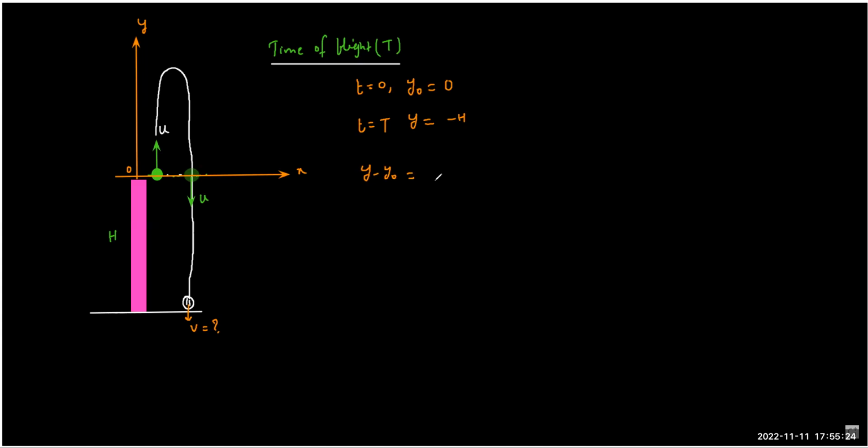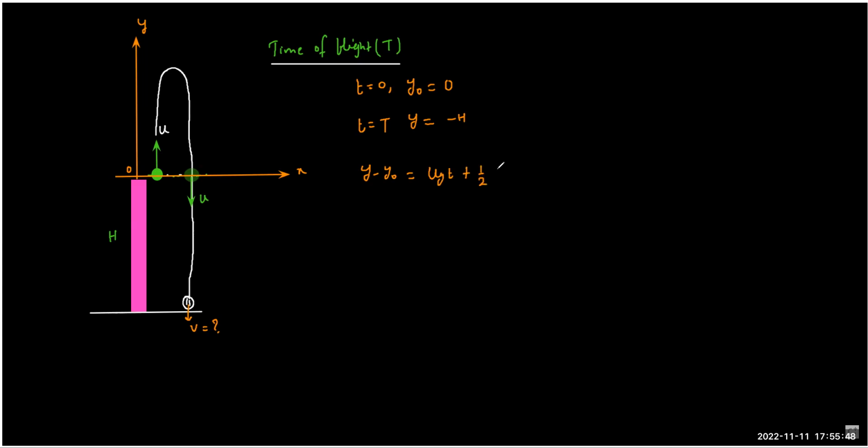I'm getting an answer from only one guy. What are the rest of you doing? The displacement is final position minus initial position, because that is the definition of displacement in the y direction. So y minus y0 equals? u t. Very good.